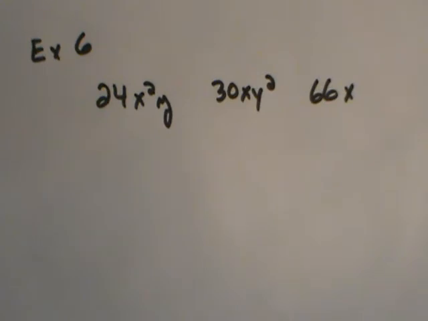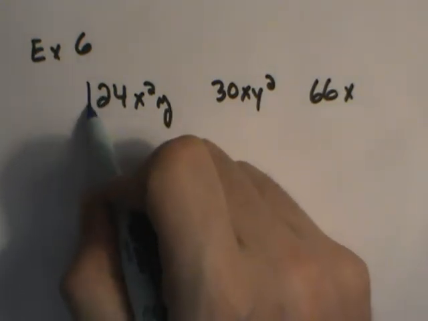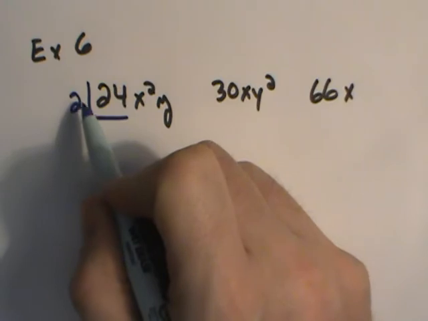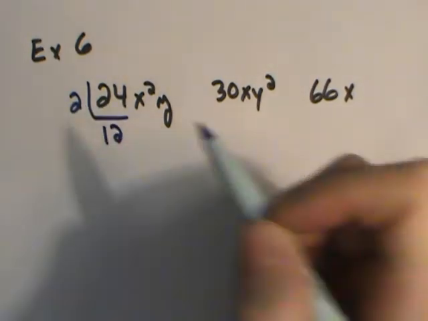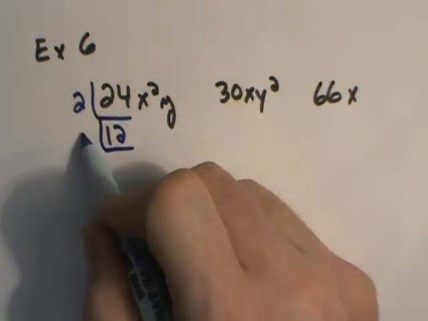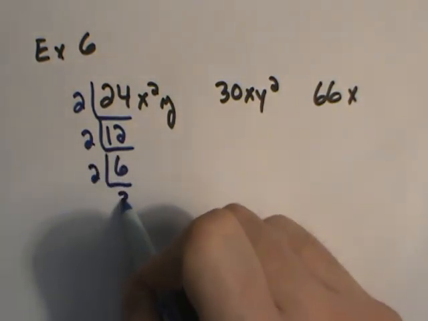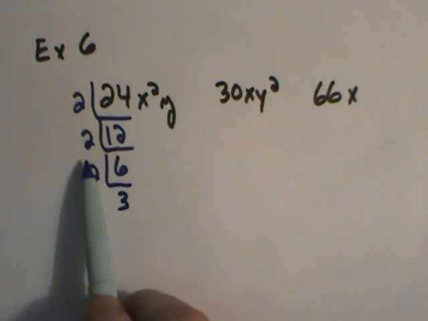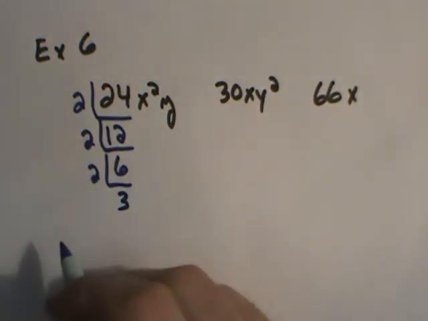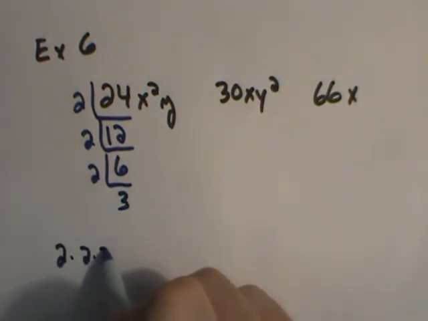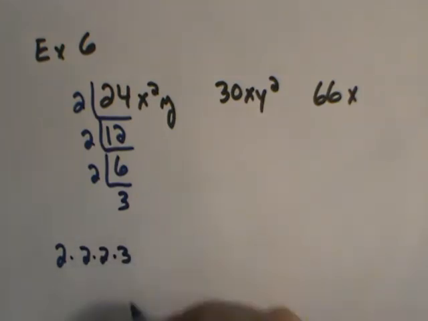As you look at the first term, you can break this down by dividing by 2. 2 times what gives you 24? 12. And 12 can be broken down as 2 and 6. And 6 can be broken down as 2 and 3. So I have nothing but prime numbers on the outside here. This would be 2 times 2 times 2 times 3, x, y.